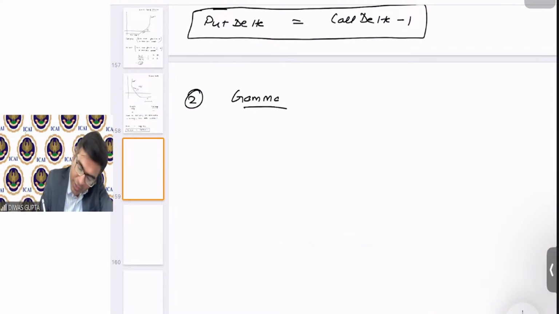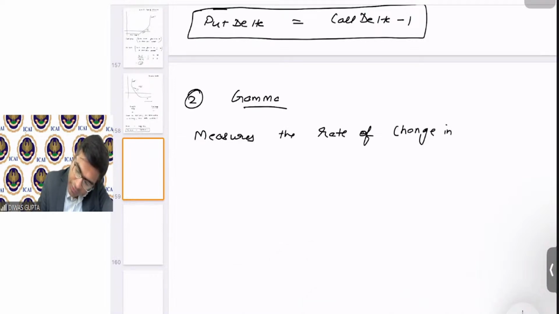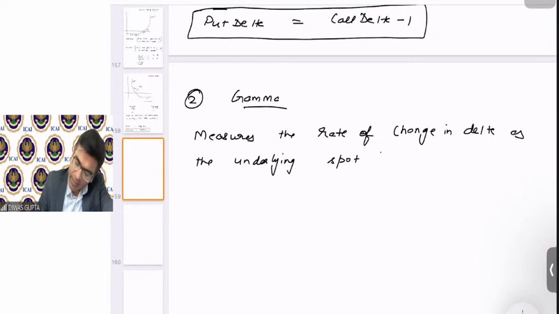Gamma actually measures the rate of change in delta as the underlying spot price changes.